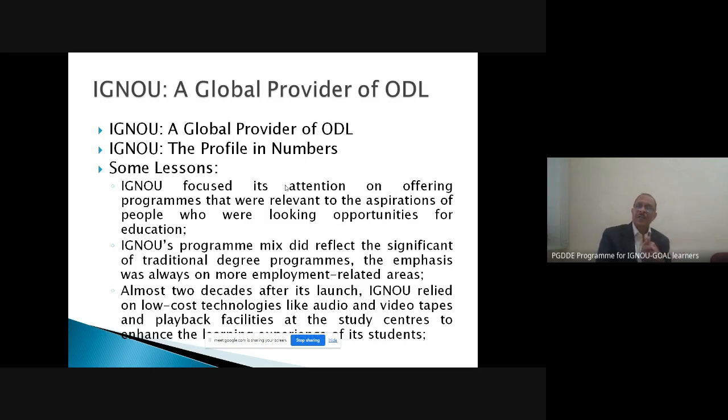We have learning centers all over the country where each student is allotted a particular learning center nearby his residence. So they used to go to the learning center, interact with the counselors, and then view the audio and video programs to enhance their knowledge of what they had studied through the printed material. This is how it happened.